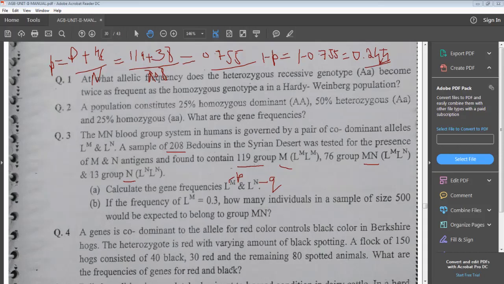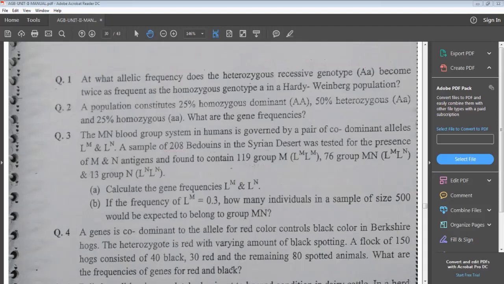Okay, so this is the Q, this is the P value for this particular population. Okay, calculate the gene frequency: LM is 0.755 and LN is Q, and Q is 0.245.